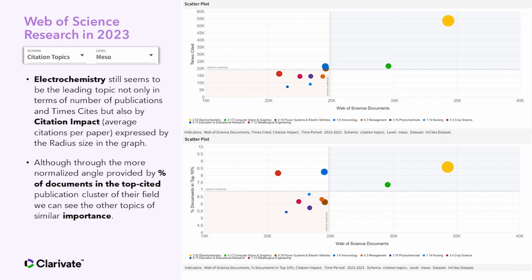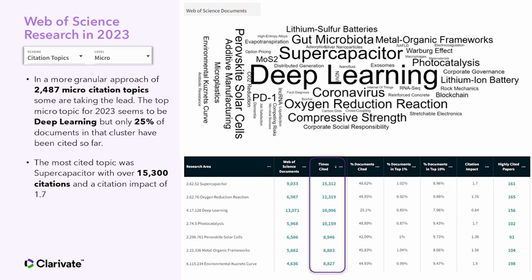We can also represent that in a different way. Now I'm not looking at the meso level, I'm looking at the micro level. So that's the most granular approach to characterize research. And now I'm sure you will recognize some of the buzzwords like deep learning, for example, coronavirus, of course, supercapacitor. So these are the topics of research in 2023 that took the lead.